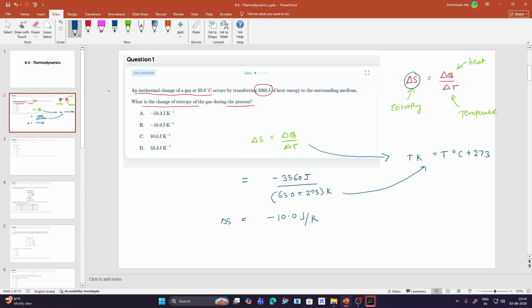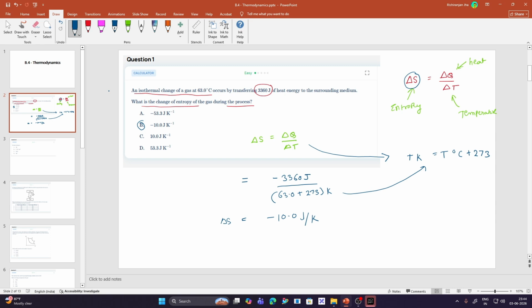So from this equation, we can see that the change in entropy is minus 10 joules per Kelvin, right? So why is there a negative sign? You must be wondering why there is a negative sign in the heat energy. It's an isothermal process at 63 degrees Celsius, and heat is transferred out in this process.